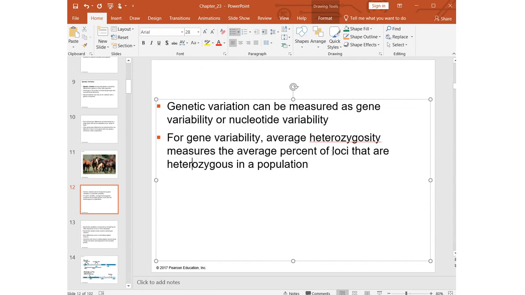And when they say loci, loci is plural and locus is singular, and a locus is a specific point on a gene. Well, actually, a specific point on a chromosome. And a lot of times we're talking about genes here.